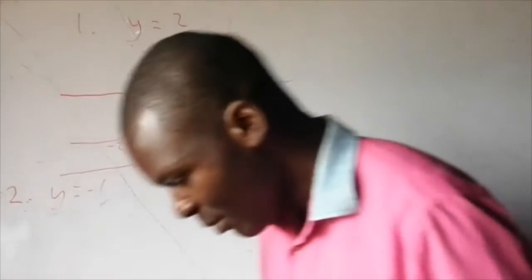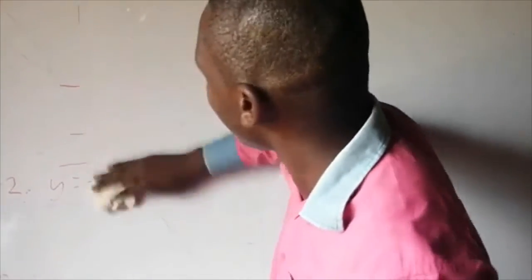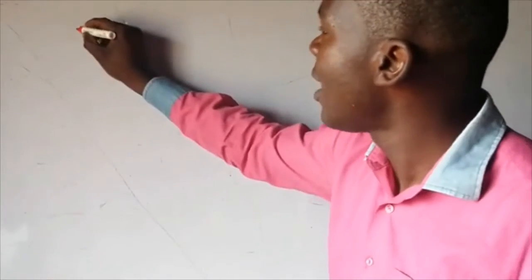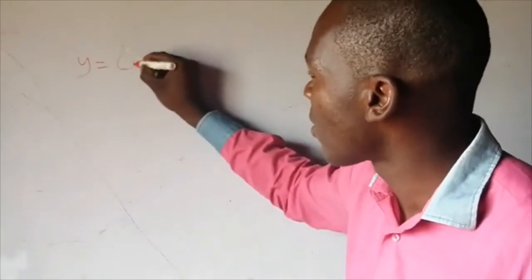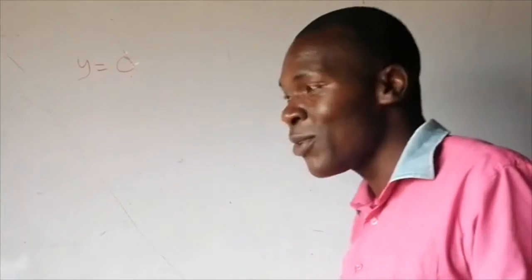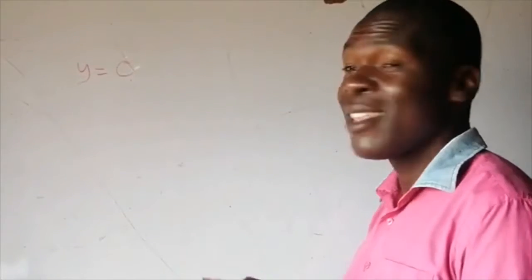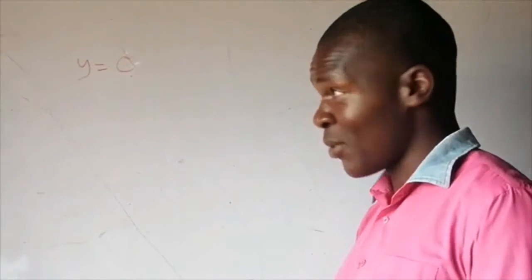Again, let's say for example number 3, we're asked to draw the line y is equal to 0. The line y is equal to 0 is a horizontal line which crosses the y-axis at 0.